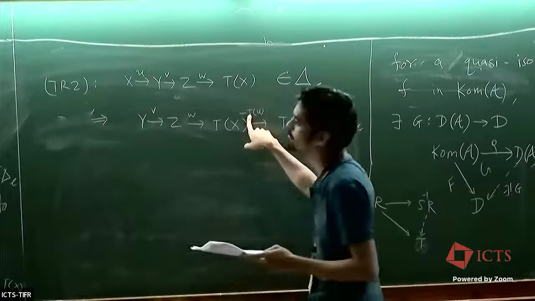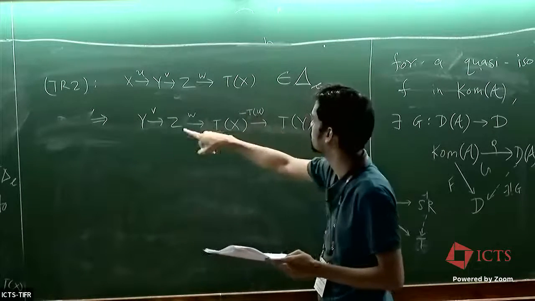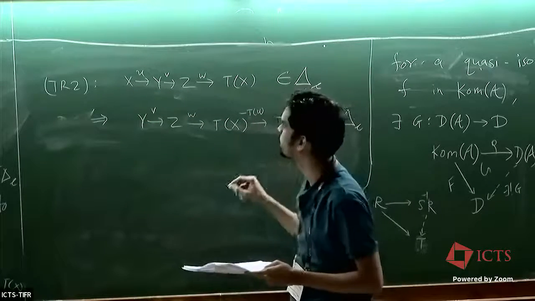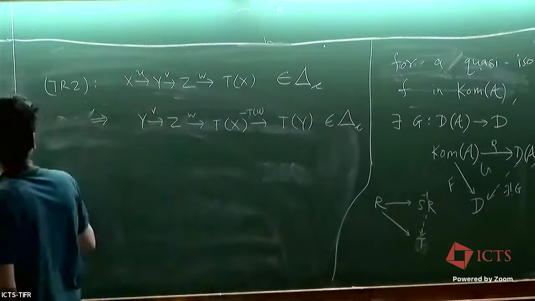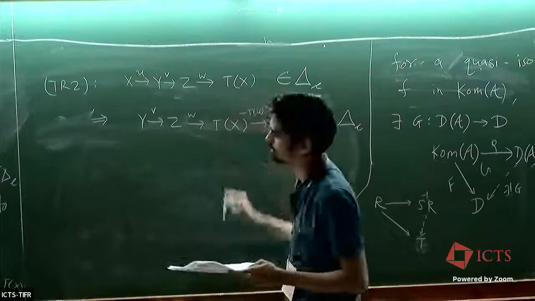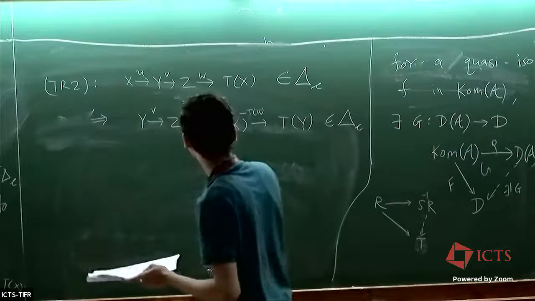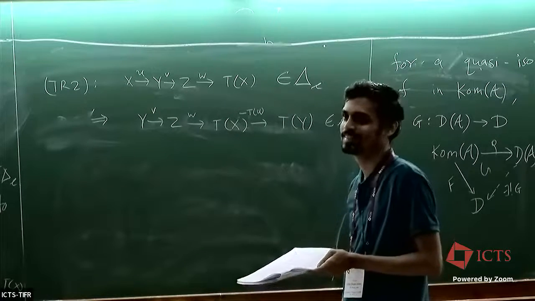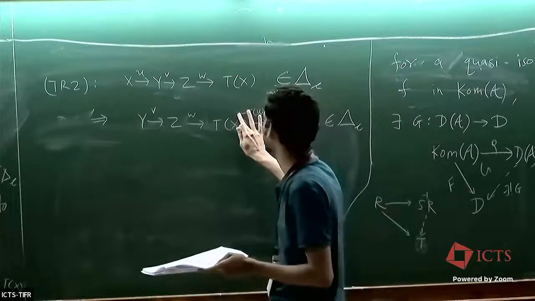T is an automorphism. So for a morphism U in category C, we can talk about T of U. Yeah, there's this minus sign for it to be a triangle, I mean, in the examples we'll see. Yeah, there's this minus sign.